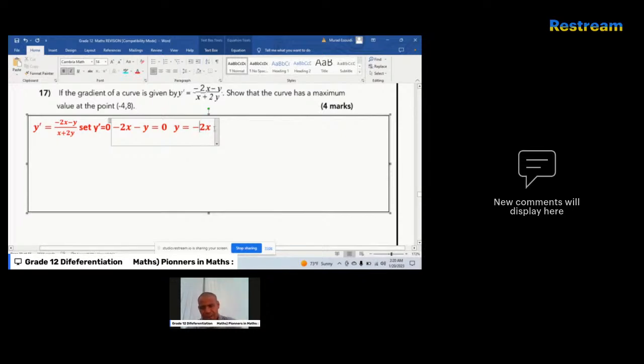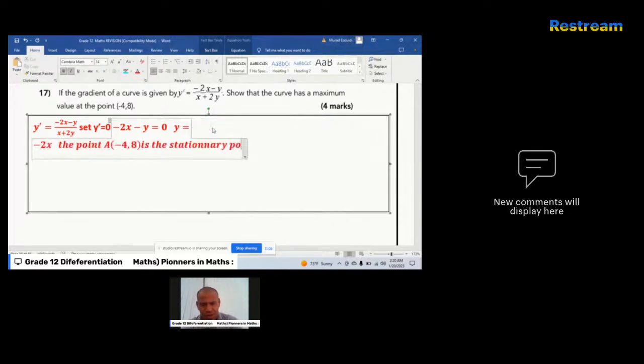So I can tell that the point, A or B as you like, has coordinates -4, 8. What is this point? It is the stationary point.